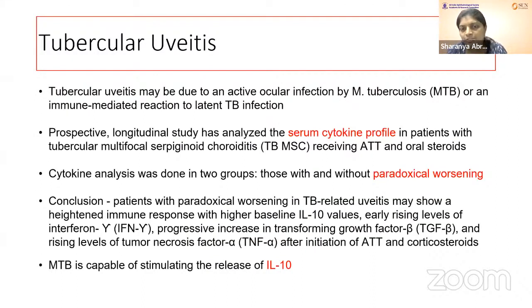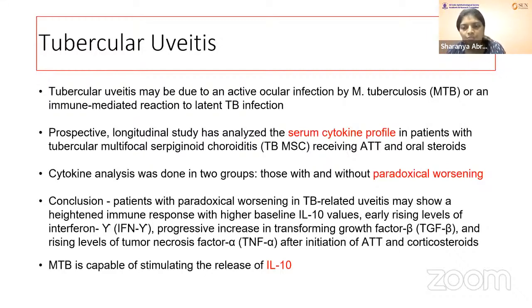So this uveitis may be due to an active ocular infection by the tubercle bacillus or an immune-mediated reaction to latent TB infection. Prospective longitudinal studies have analyzed the presence of serum cytokine profiles in patients with tubercular multifocal serpiginoid choroiditis receiving both ATT and oral steroids. So the analysis was done in two groups, those with and without paradoxical worsening. What that means is we'll come to in the next few slides.